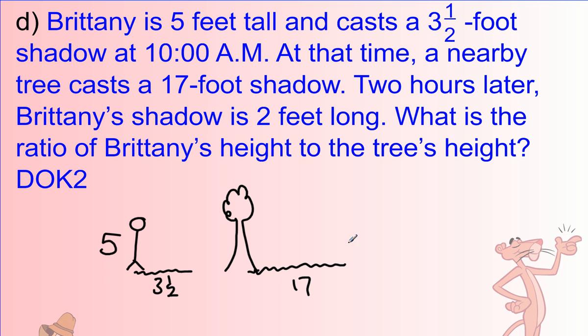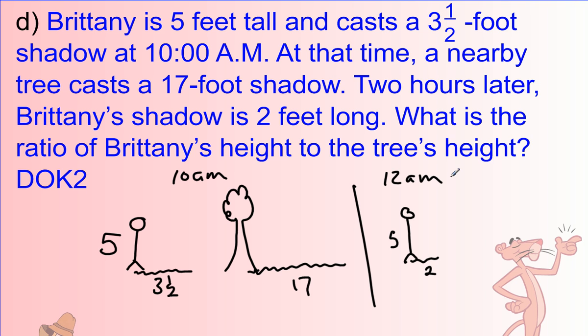Alright. 2 hours later, Brittany, who would still be 5 feet tall, casts a shadow that's only 2 feet long. What is the ratio of Brittany's height to the tree's height? Okay. So, actually I guess it'd be 12 p.m.